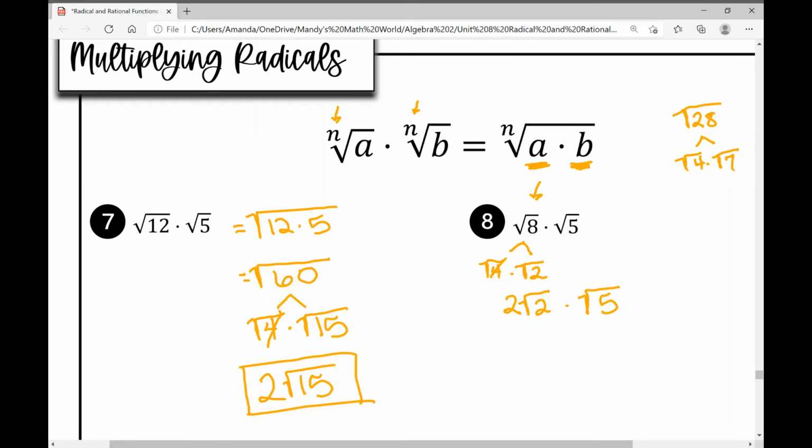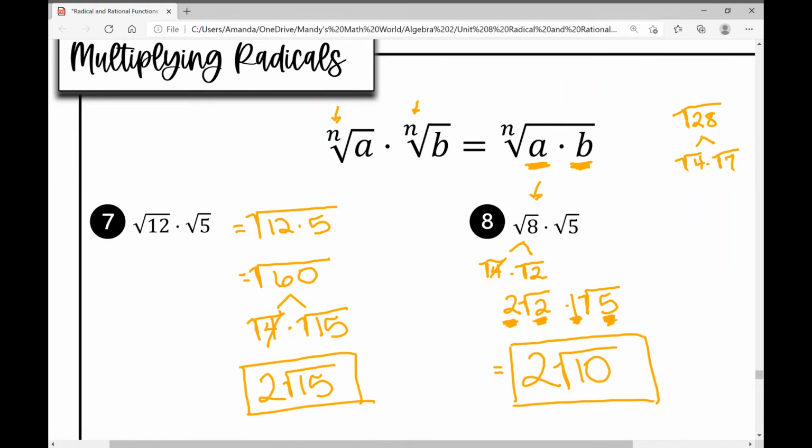And the reason I want to show you that is because you multiply the numbers in front of the radical together, which obviously if nothing is there, it's assumed 1, and then you multiply the radicands together. So 2 times 1 is 2, and then 2 times 5 is 10. So 2 root 10, and there's your answer.